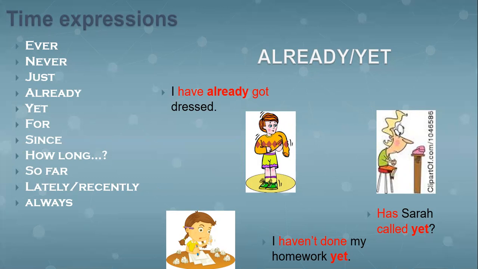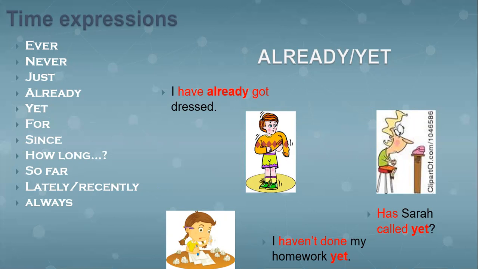So ever here means even once. So when do we use the word ever? We use it in the question. Have you ever tried? Have you ever been? Have you ever worked? Have you ever eaten? So if we want to ask a question, we use ever.